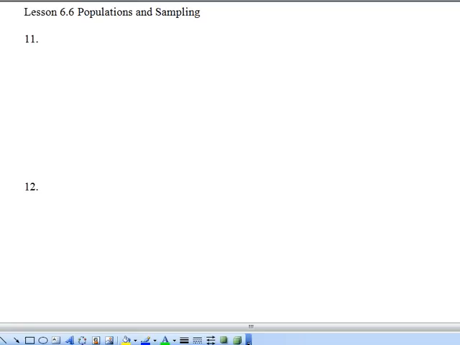Lesson 6.6 is about populations and sampling. If you look at page 385, your lesson 6.6 review example, it says a business owner hired 15 male sales representatives and 10 female sales representatives. About how many female sales representatives would you expect the owner to hire out of 150 sales representatives? So you take your sample of females, which is 10 over 25, is equal to 0.4, okay?